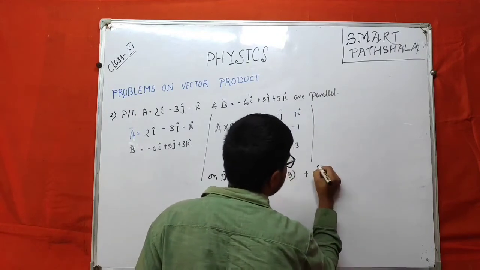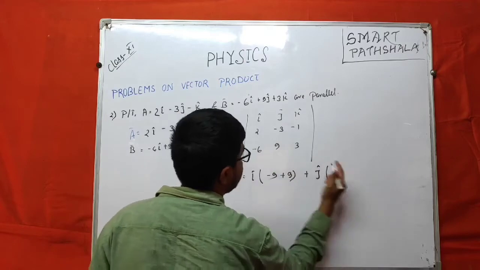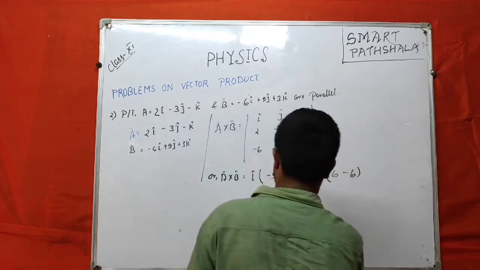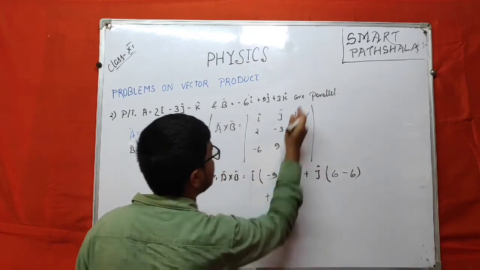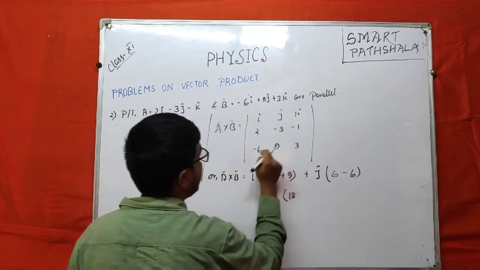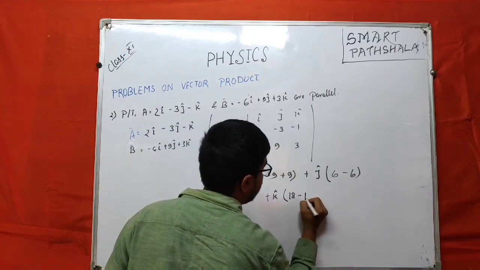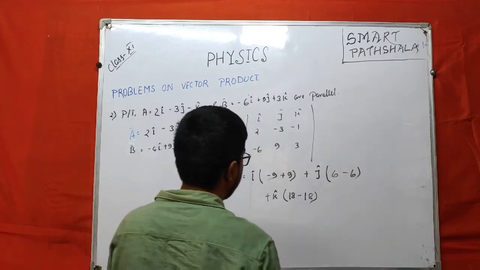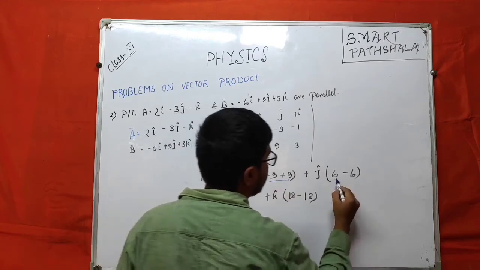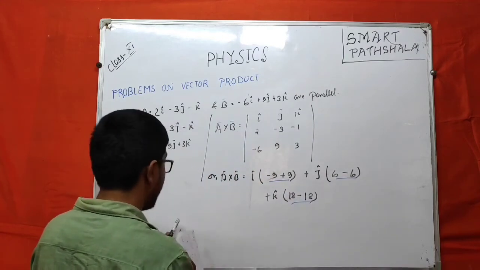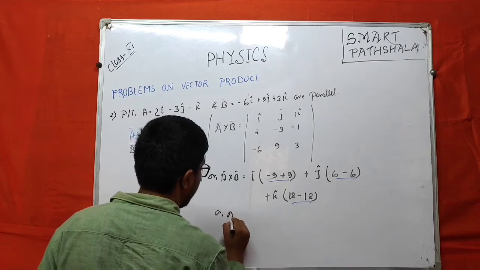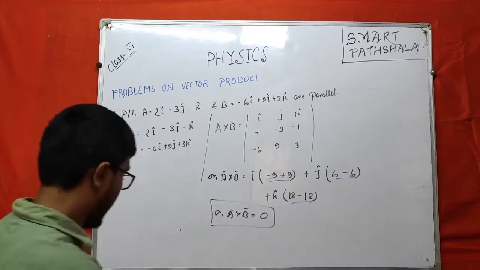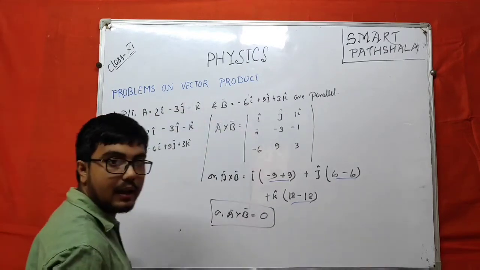Plus j cap into this 6 minus this into this 6, plus k cap into this 18 minus 6 is 18. Now we see that minus 9 plus 9 is 0, 6 minus 6 is 0, 18 minus 18 is 0. That is, a cross b equal to 0. Hence, our two given vectors are parallel.